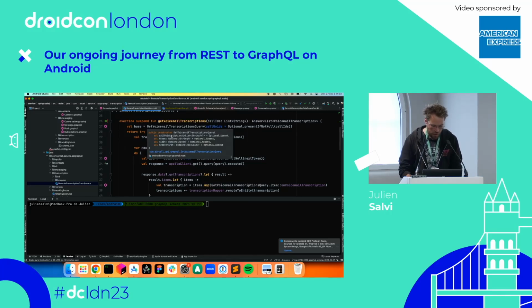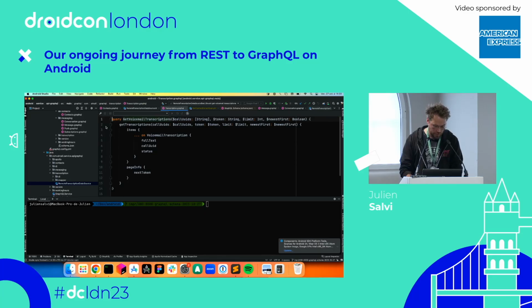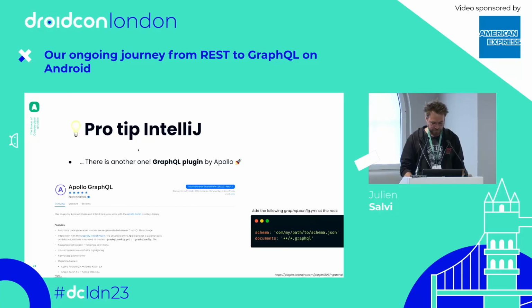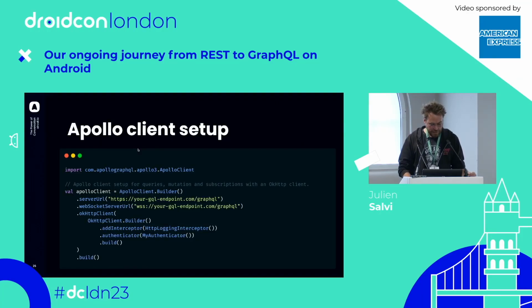And when I'm using the class generated by Apollo, I can directly deep link to the actual query I define in my .graphql file. Okay. Back on the slide now.